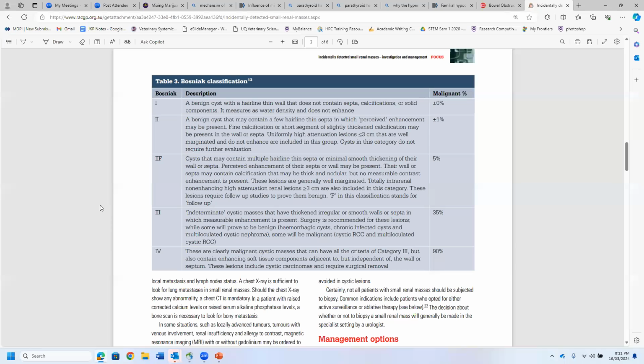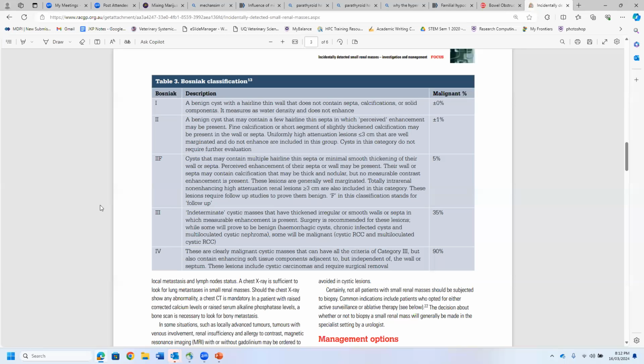But if it's a lesion that has multiple hairline thin septa, has increased enhancement, increased calcification, is not well marginated, it's nodular, it's thickened, and it's more than 3 centimeter, then this requires follow-up with the fine needle aspiration and cytology or biopsy and referral to the urologist.